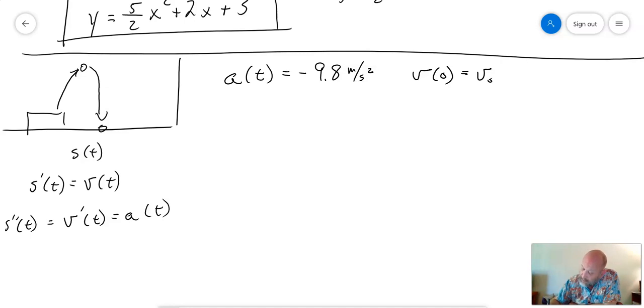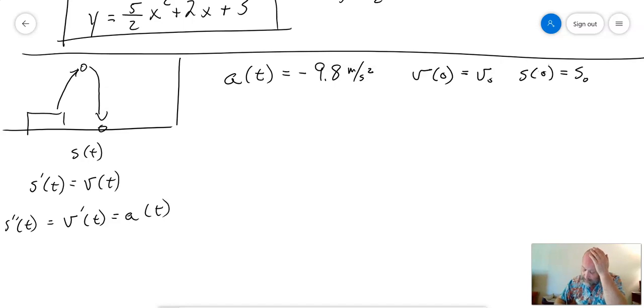Whatever that initial height is, s of 0, we're just going to call it s naught. Right? And so these are our initial conditions. The v naught and s naught would be numbers in an actual application here, but this is just working theoretically with this.